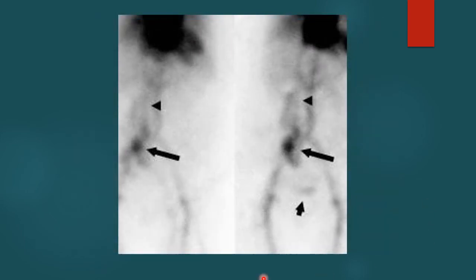Okay, this is a technetium scan, or technetium labeled RBC scan, of a patient with some bleeding in the right iliac fossa region, probably in the cecum or in the descending colon.